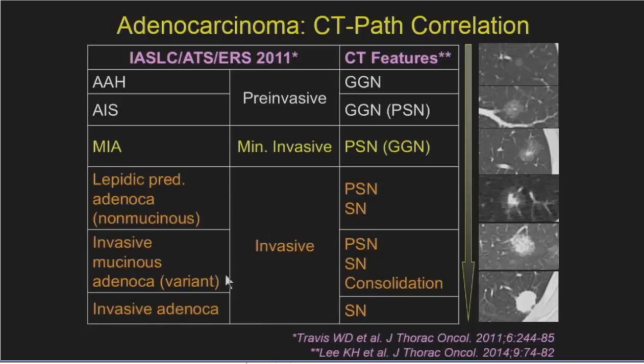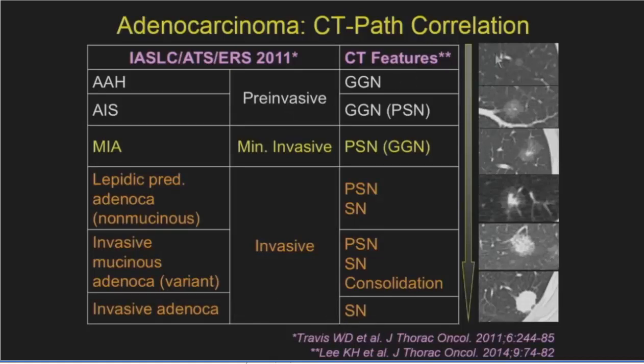And because several of these lesions are mixed tumors, the majority of the adenocarcinomas being mixed with different subtypes, the nomenclature of these invasive adenocarcinomas will depend on the predominant subtype, such as Acinar predominant adenocarcinoma or papillary predominant adenocarcinoma. But those are the solid ones.